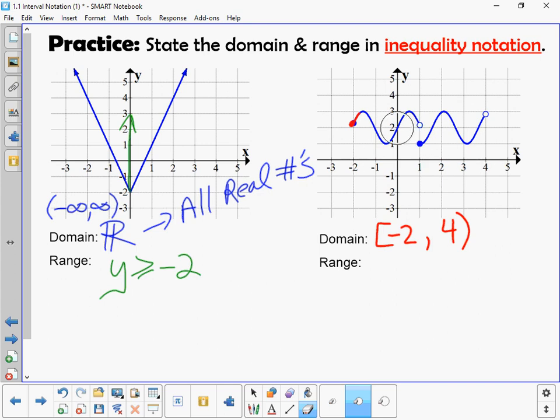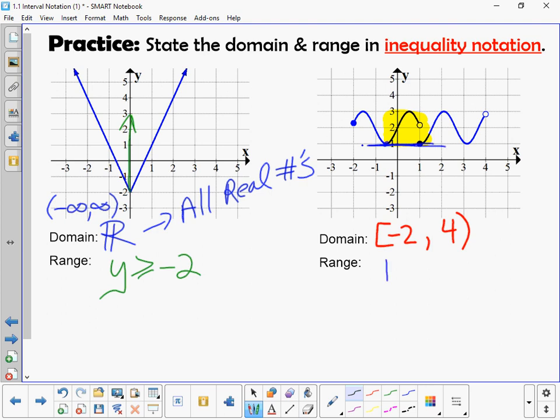And now let's look at the y direction. So with the range, we want to always remember to go from the lowest point to the highest point. So in this case, for this function, the lowest point looks like it's down here at the y value of 1.